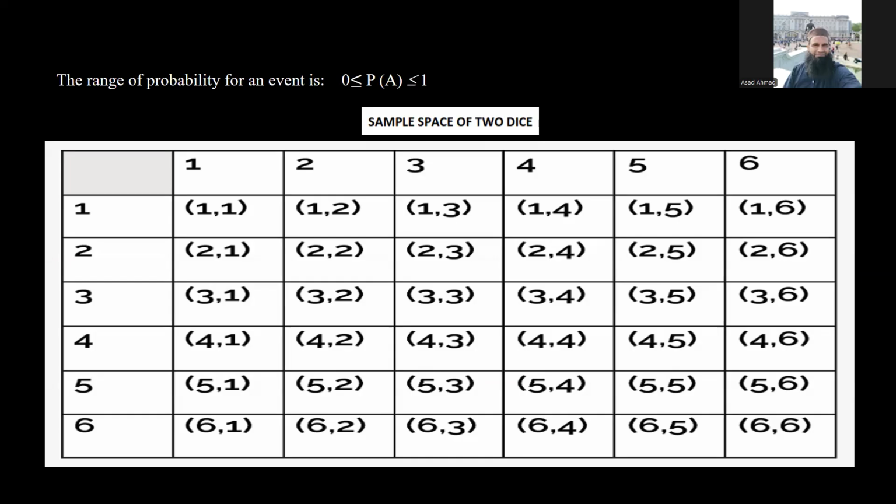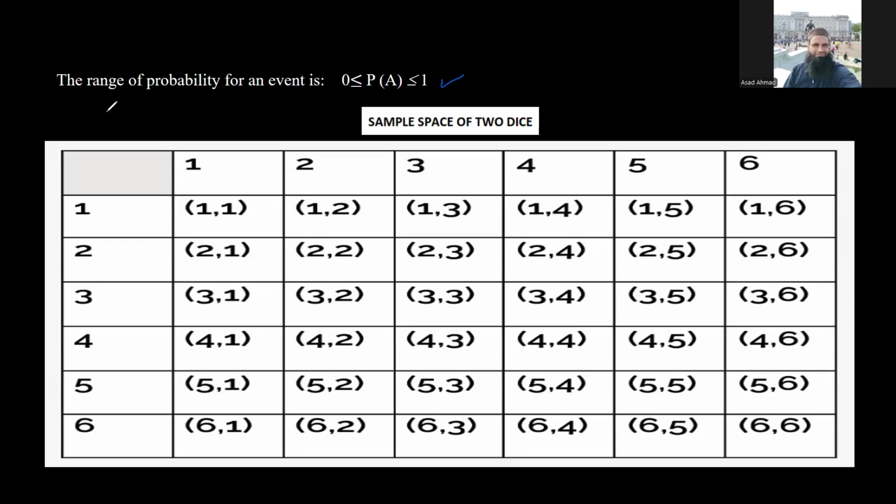So the maximum chance of something happening is equal to 1. The range of probability is clearly mentioned in your book as well. The maximum chance of occurrence of an event can be 1, and the minimum chance, or the least probability, can be 0. So it can't be negative, and it can't be greater than 1.